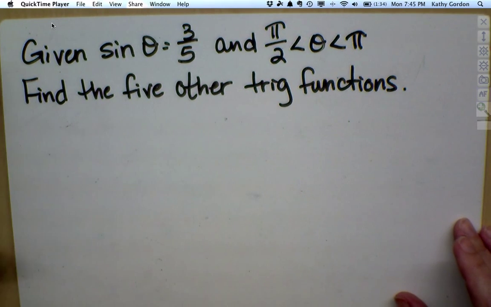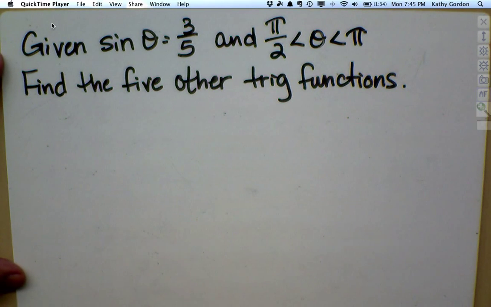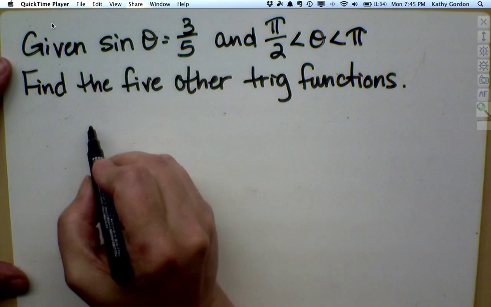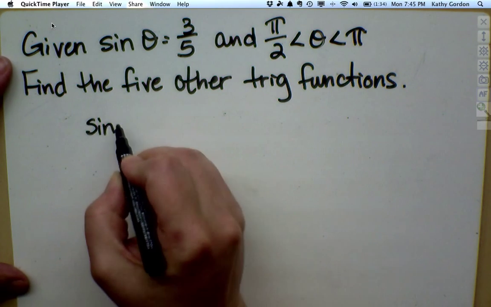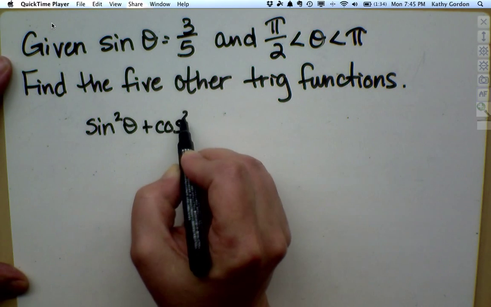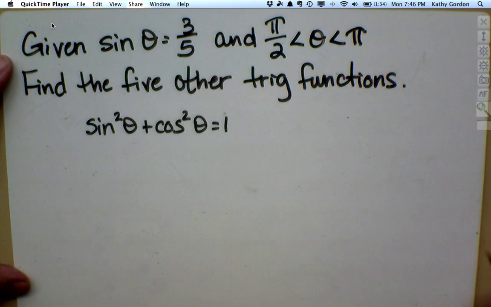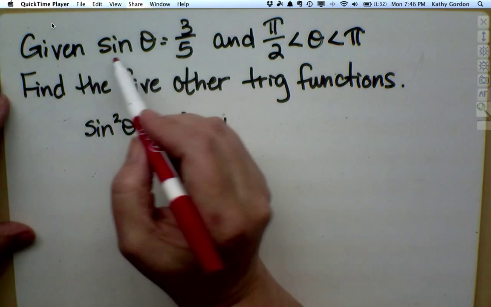Now as I said, we saw this kind of a problem in the last chapter, but we can also consider this kind of problem using identities. We know from the Pythagorean identity that sine squared of theta plus cosine squared of theta has to equal 1. Well, I now know what my sine of theta is equal to.